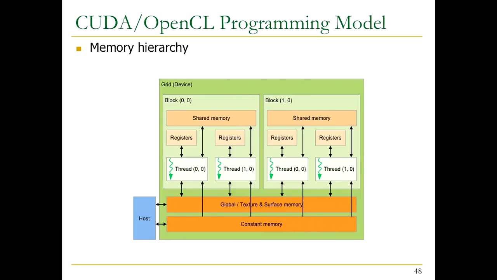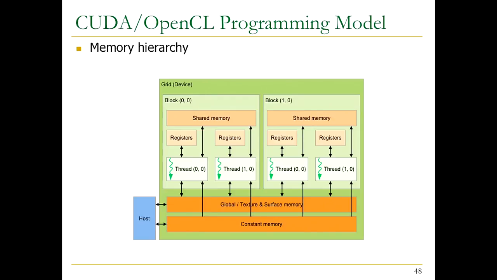And as you can see in this slide, the host has access to this global memory. Why? Because the host should be able to move data from the CPU memory to the GPU memory and read data from the GPU memory to the CPU memory. So every time, as we said before, we want to offload computation onto the GPU, we need to move data to the GPU.